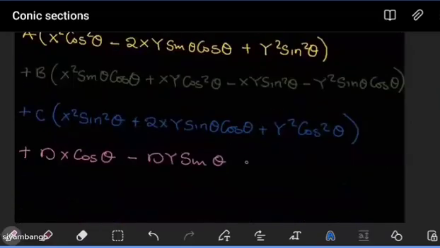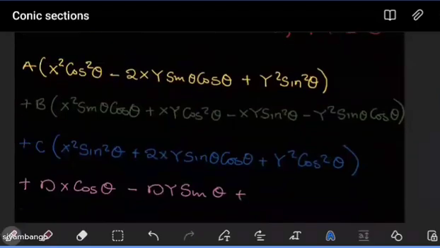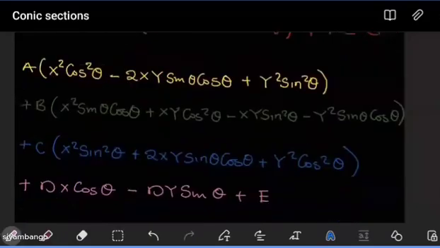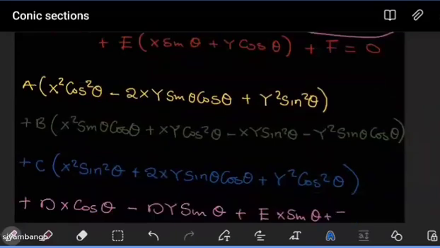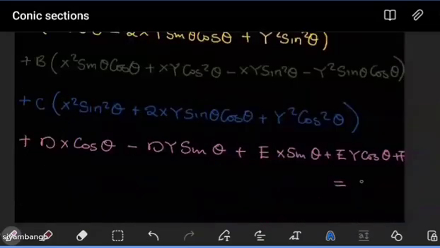So you can just distribute that E. So it will be E x sin theta, and then plus E y cos theta, plus f equals 0. This term here in this weird color will not really affect what we're doing much. The trick will be with what is coming up on top there. You'll see the term that will actually be very important.